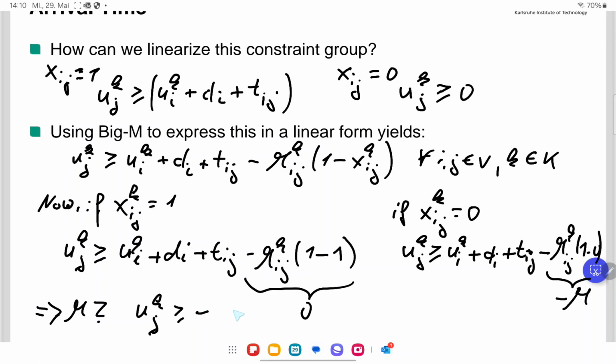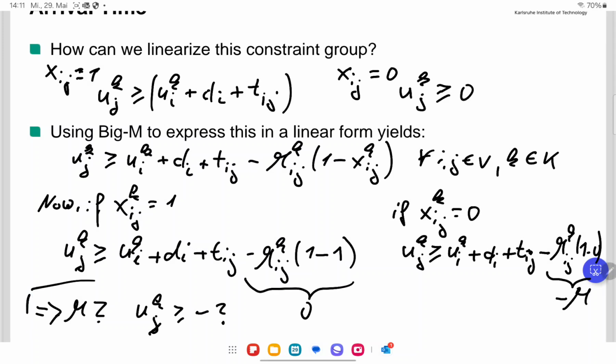So that means you have some negative value on the right hand side, okay, which is fine, because what we also defined before is that our domain of the decision variable is anyway positive.